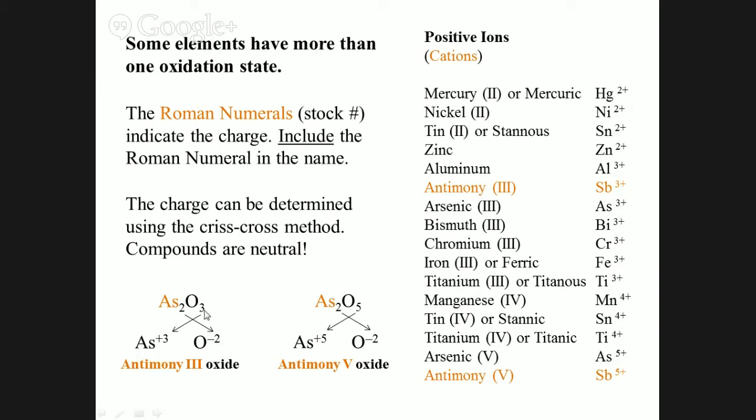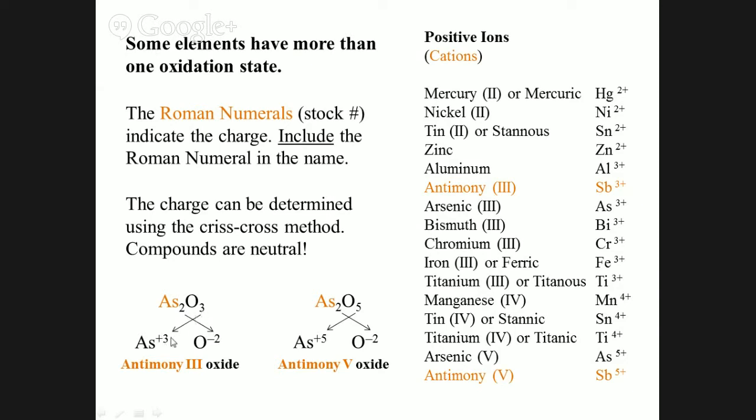But when they're down, there is no positive or negative sign. These don't refer to charges, they refer to how many of that particular atom is in the compound. But I can use crisscross to create the compound, or I can use the compound and basically do crisscross backwards to see what the charge would be.